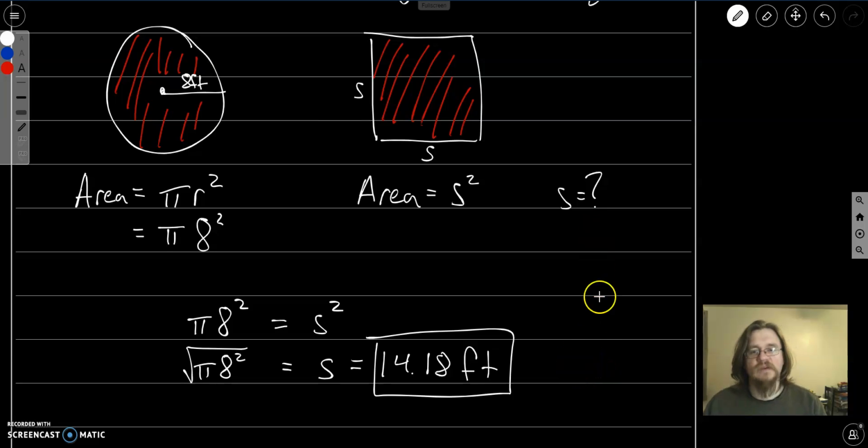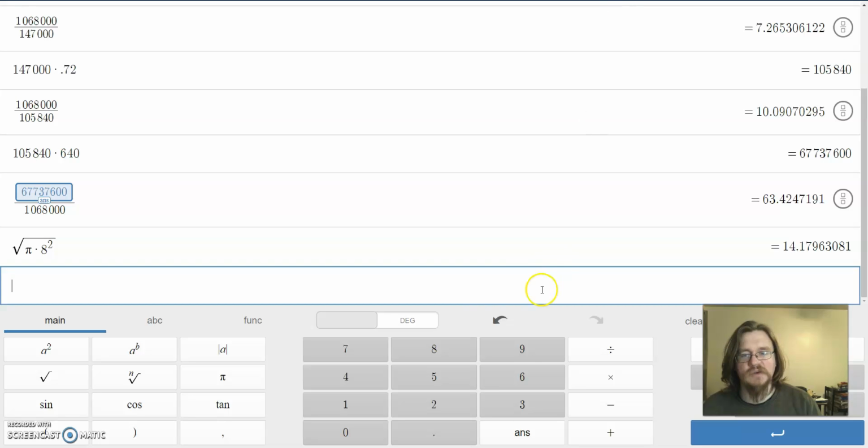And one thing that we can do to check if we're unsure if this is correct, we can find the area of the circle. We have that formula, and we can find the area of the square. We have our number, our side length, and we can see, are they equal? So the area of the circle should be pi times 8 squared. So let's check.